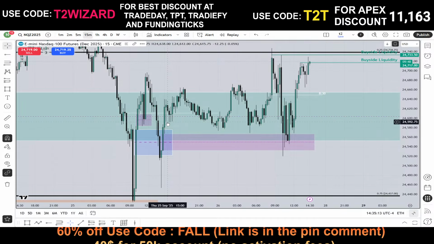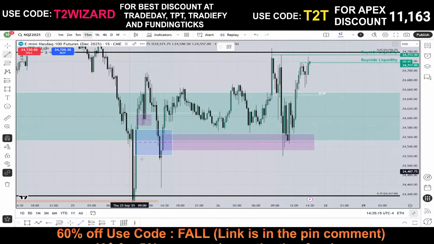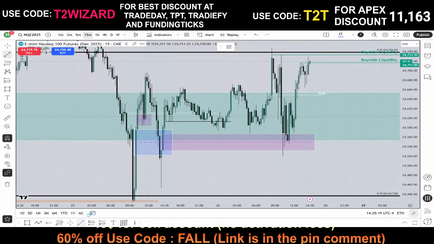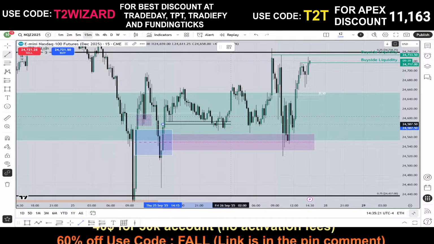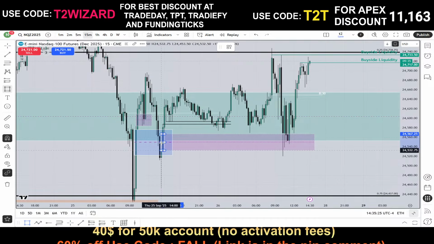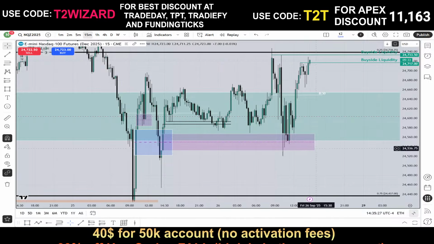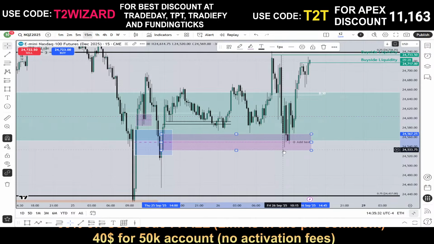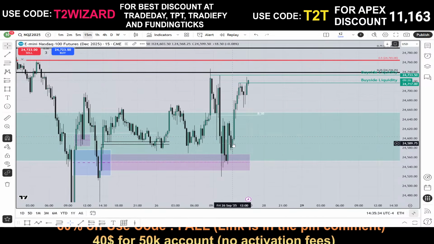Then this gap, just keep watching. That gap, it's already marked over here. You can see it's closed. It has been closed as well. Now look at this leg.